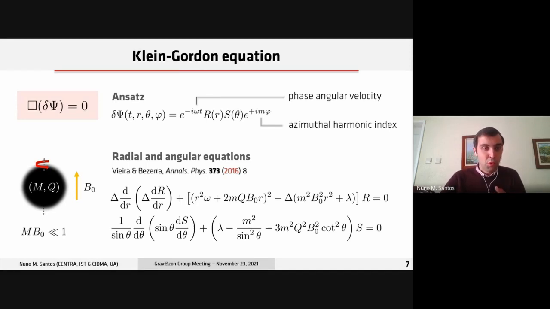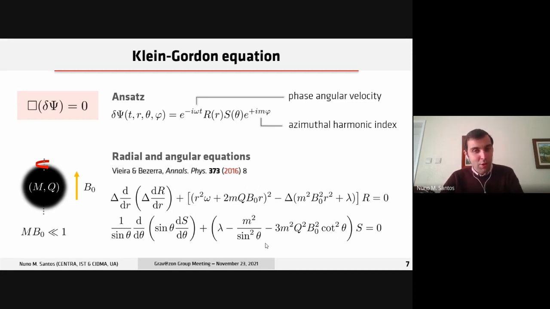We have these two Killing eigenvalues that follow from the fact that the spacetime is stationary, okay? And they are also coupled through the mass mu, the charge q, the magnetic field B naught, and this separation constant lambda.